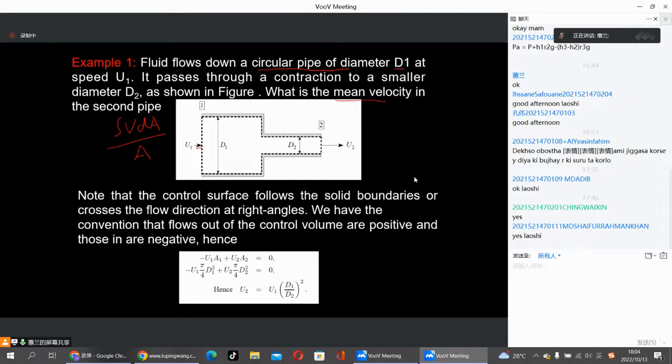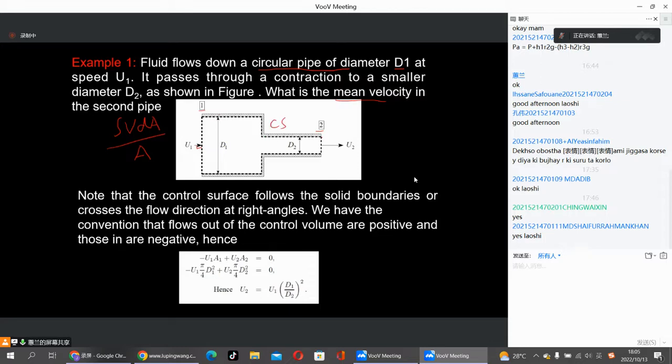The control surface of the control volume follows the solid boundary. We just use the dashed line this way. So the control surface includes section 1, and section 2 is also a control surface of this control volume. Definitely, the solid boundary is also a control surface.